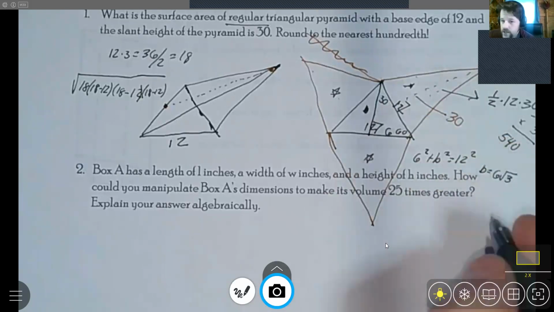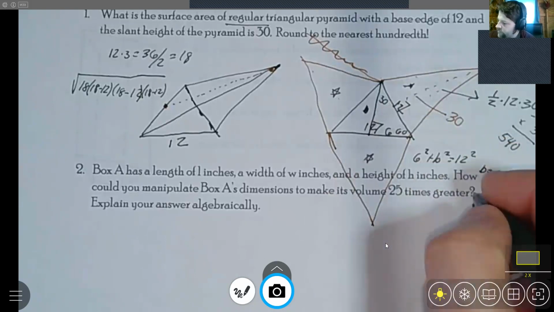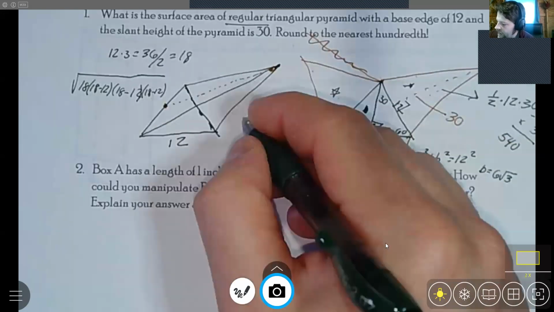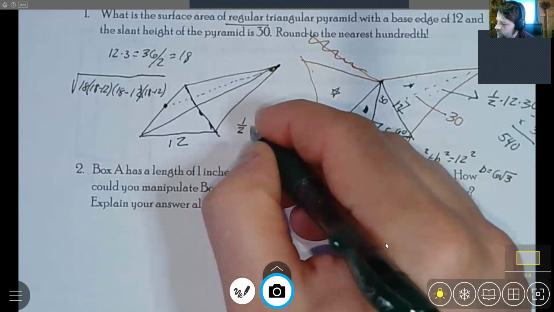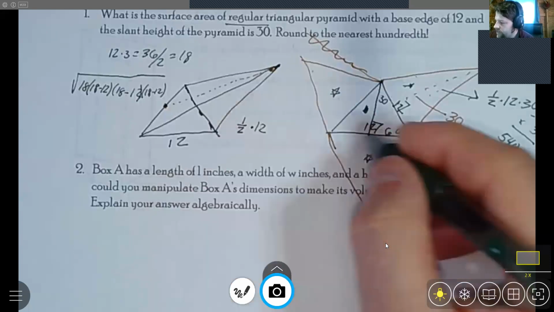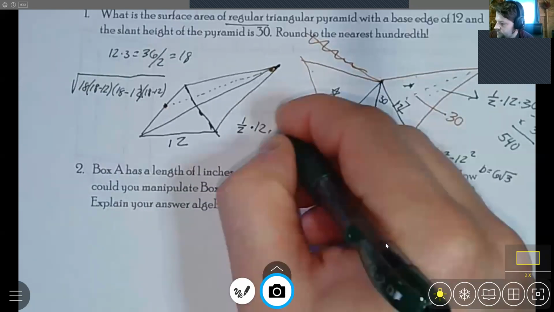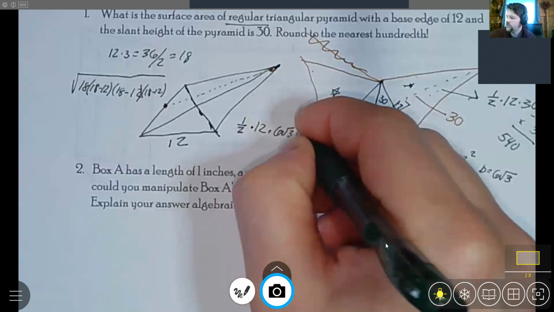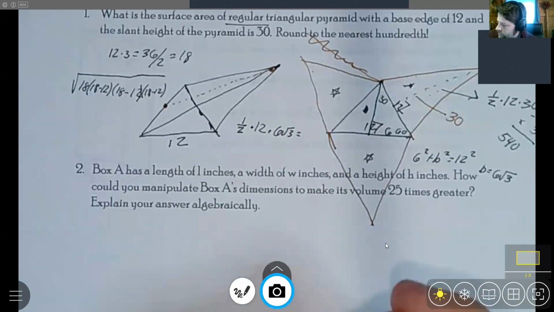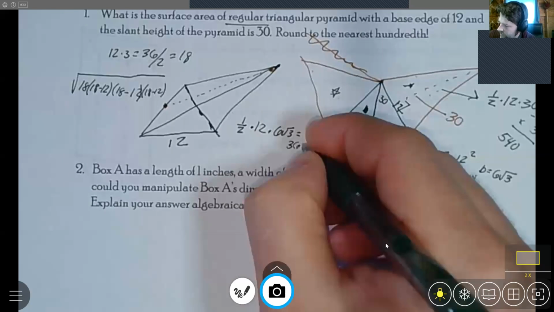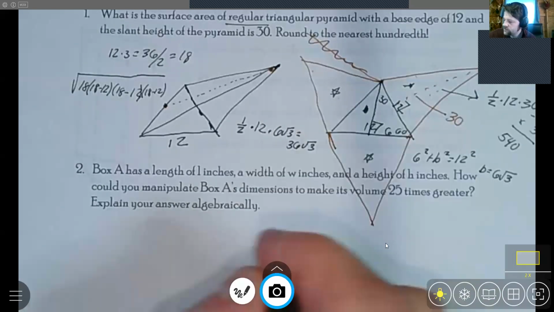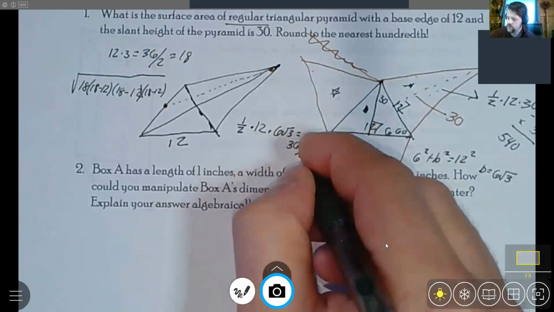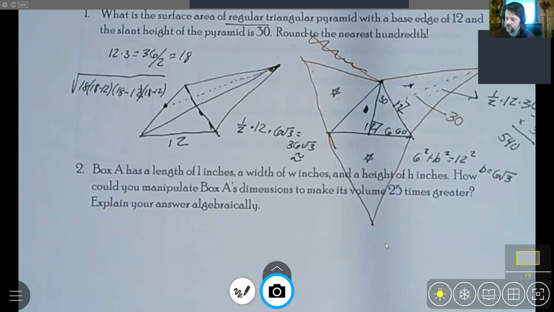So then the area of the triangle would be 1/2 times 12, because the base of the triangle is 12, and then times the height, which is 6 times the square root of 3. And so you end up with 36 times the square root of 3, and the square root of 3 is approximately 1.7.